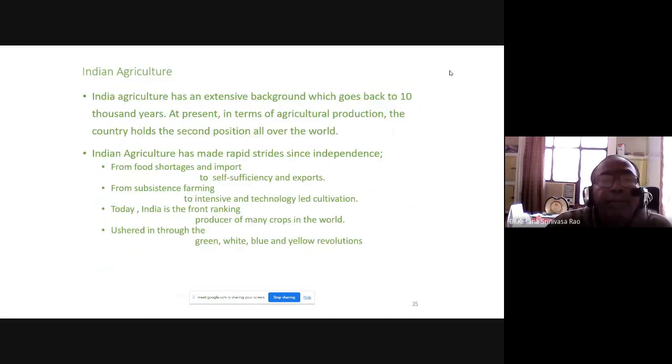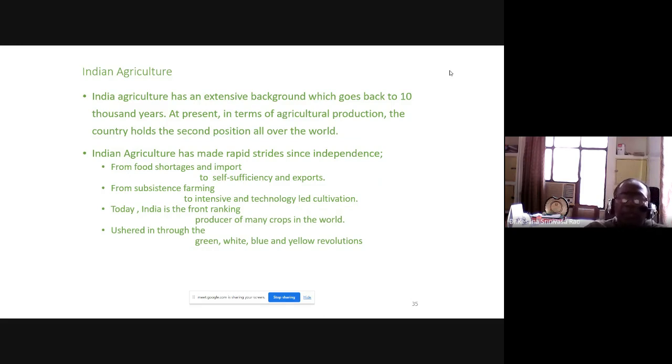Now we can see what exactly Indian agriculture is facing, from where to where Indian agriculture has come, what is the background, what are the constraints Indian agriculture is facing, what remedial measures we have to suggest to other countries on the basis of Indian agriculture, and what are the future perceptions of this agriculture development which is taking place.